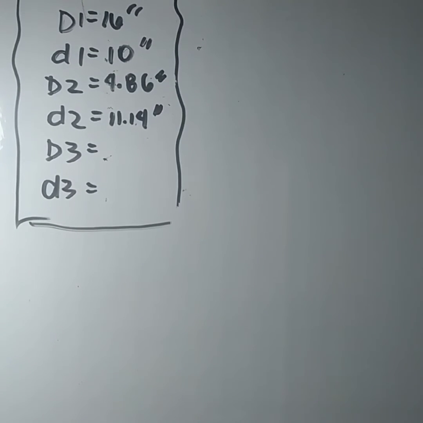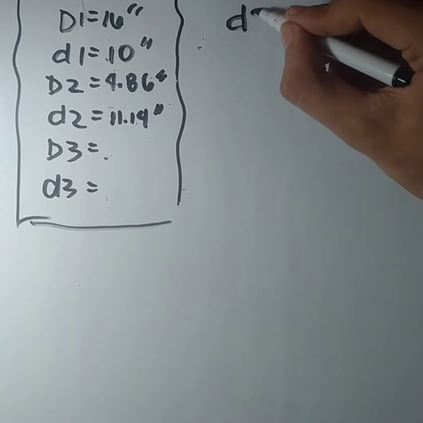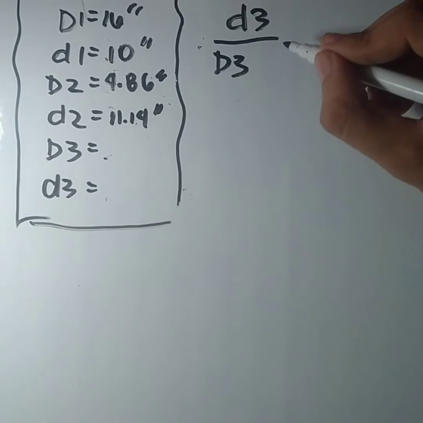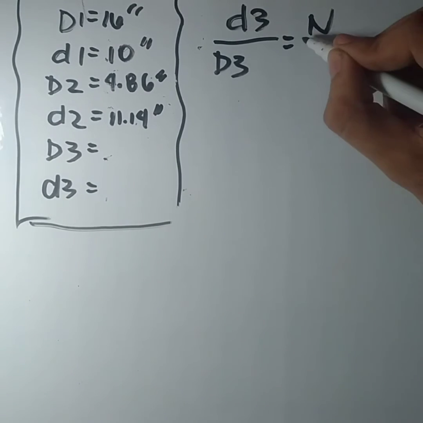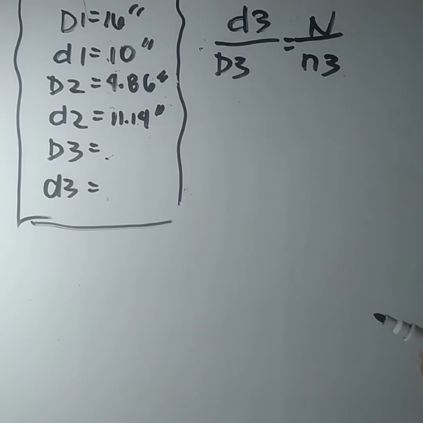So, for our final two diameters, same step, same process, ganun lang din. So, from the formula, D3 of the driven over D3 of the driver shaft is equal to the constant RPM over RPM of the driven shaft.